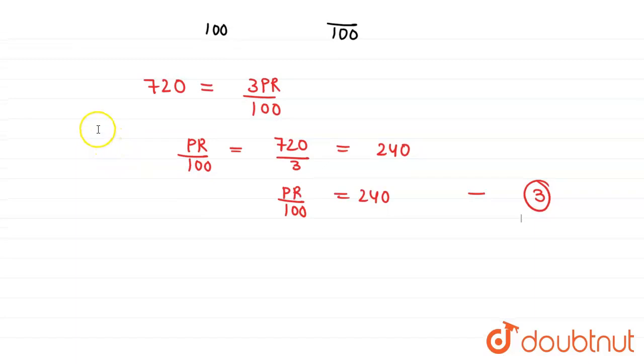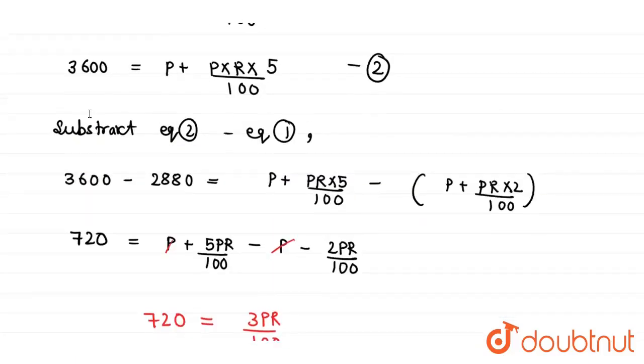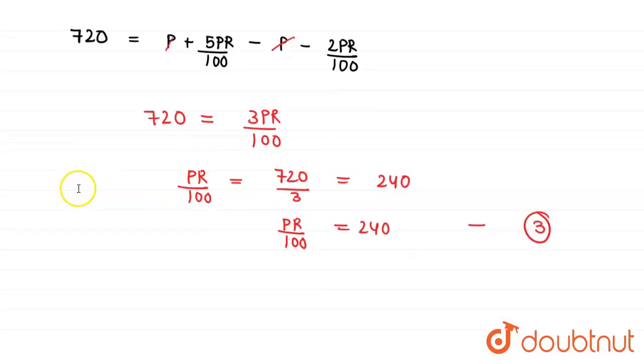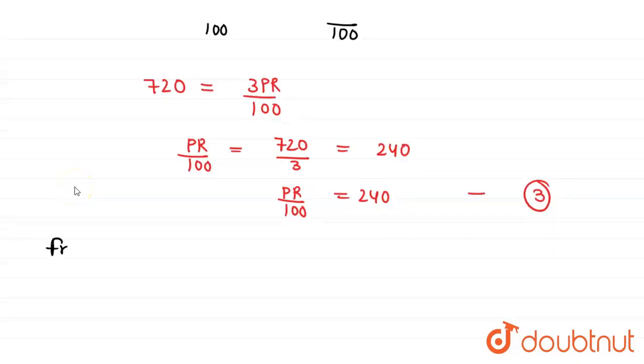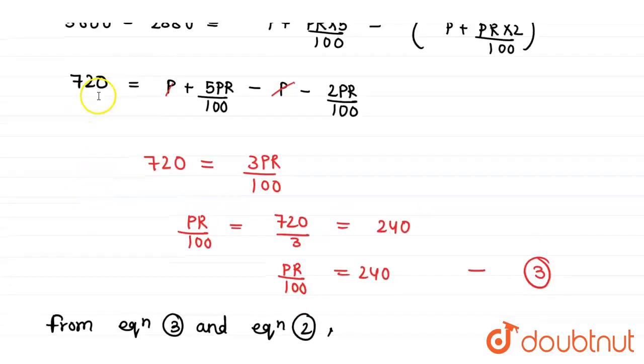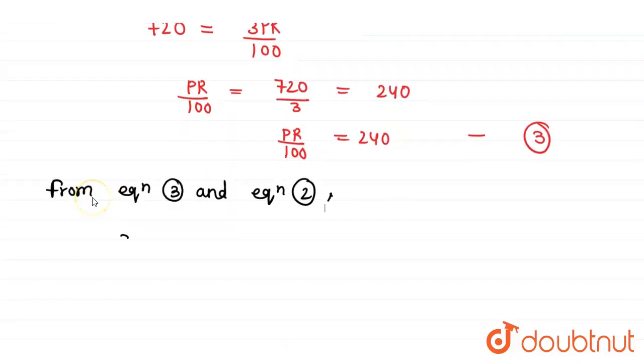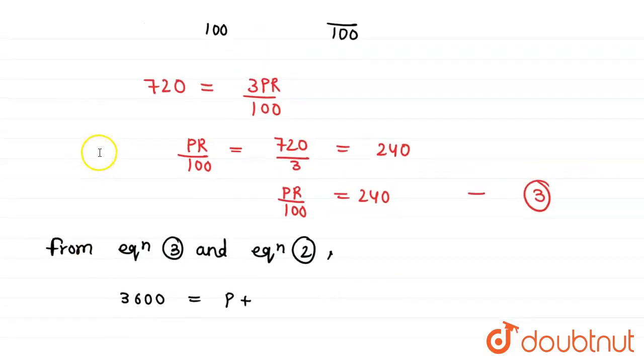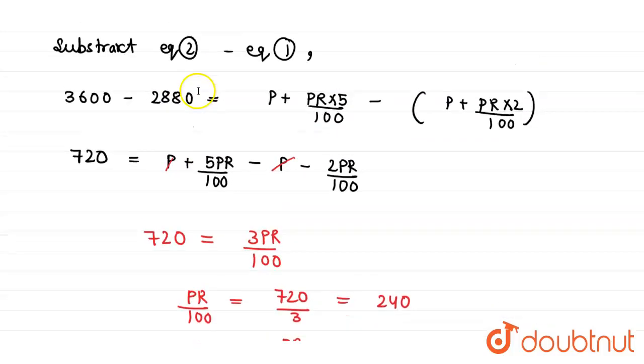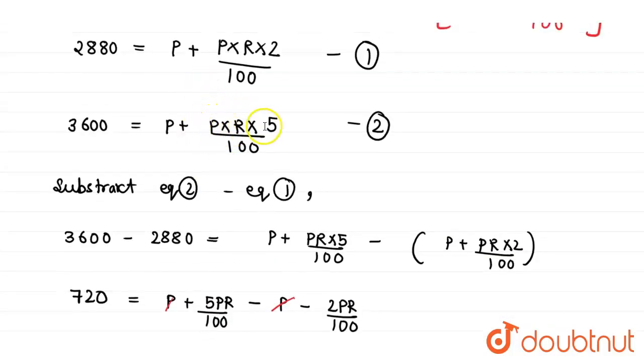Now from equation 3 the value of PR by 100 is 240. We will put this value in equation 2. So from equation 3 and equation 2 we will get 3,600 is equal to P plus PR into 5 by 100.